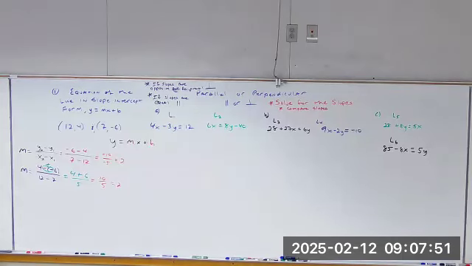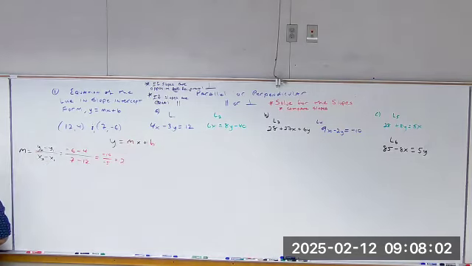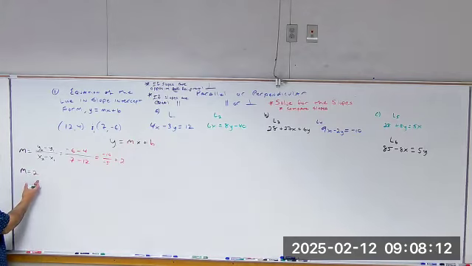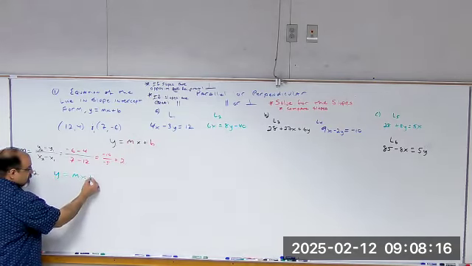So step one, we find the slope. Slope is 2. We'll save a little bit of room. We have a slope that's equal to 2. So now, it's not a special case, so we're going to just write out y equals mx plus b.